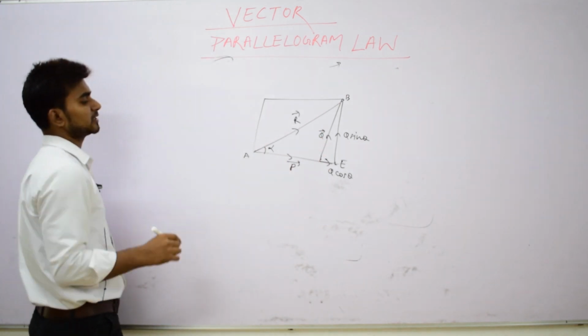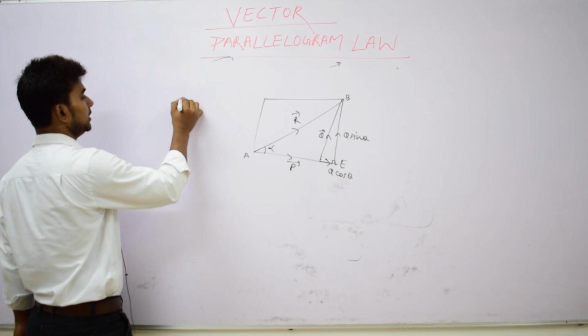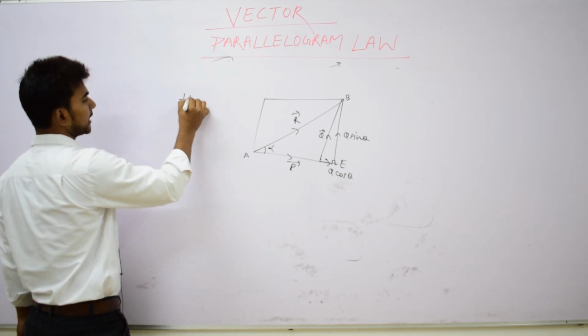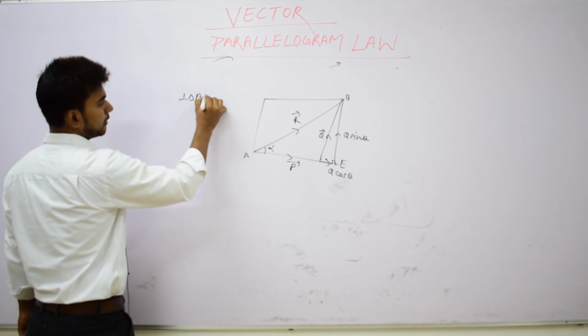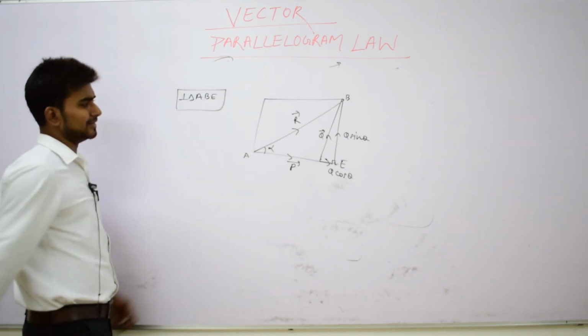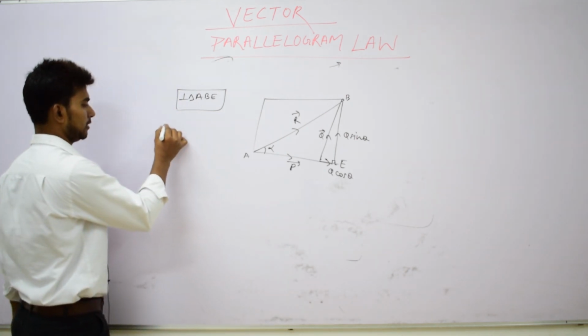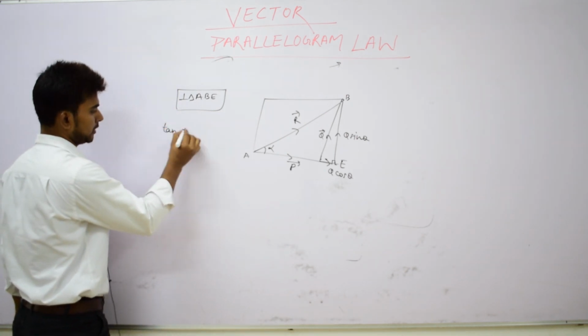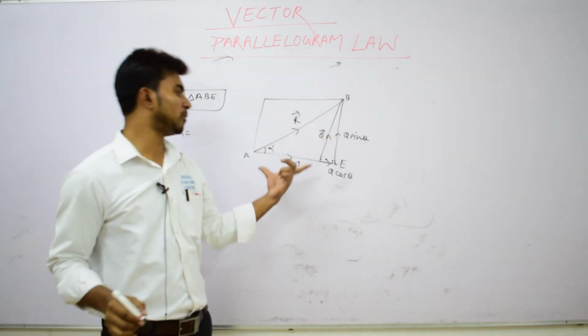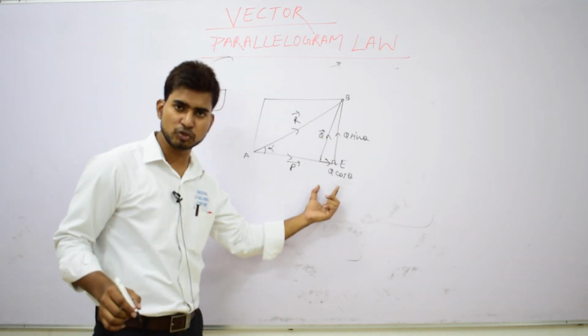If I am considering the right angle triangle ABE, in this particular triangle, if I am taking tan alpha, then tan alpha is equal to perpendicular upon base. In the perpendicular, Q sin theta is there. In the base direction, P plus Q cos theta is there.